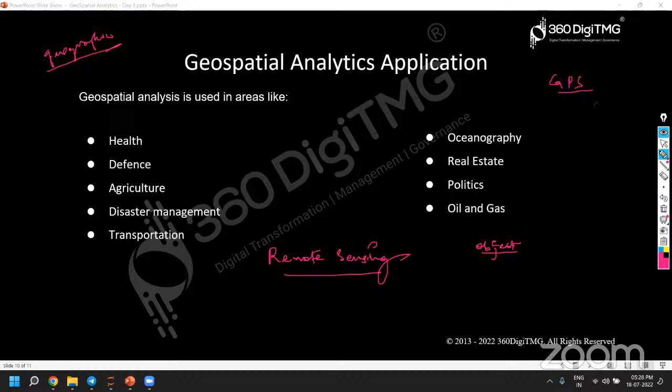Now, thanks to the remote sensing concept, it becomes very easy for us to get the data. You basically get the data automatically, and we are able to extract the data from images.